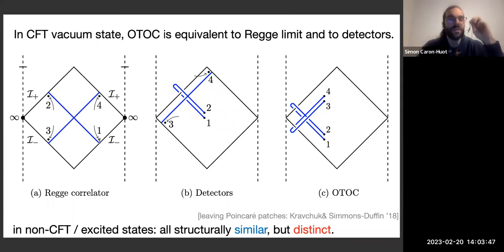And the special thing about this limit is that if you shoot a light ray from 1, it opens up along the cylinder, and all these light rays focus again on point 2. So they're separated by pi on the cylinder. That's a special feature of this limit, and it's known that this limit is controlled by light ray operators that live on this cone.